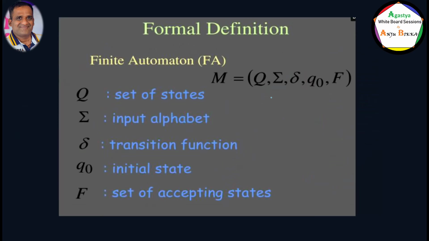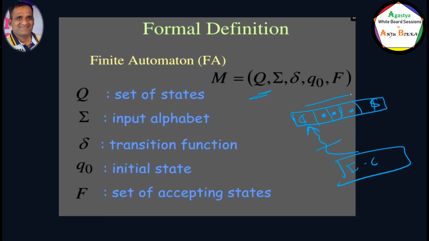So now we have to define the formal definition for the finite state machine. In the beginning, when we discussed the input tape, these are the cells, each cell consisting of one symbol. Then the finite control has a limited number of states, and the input head.